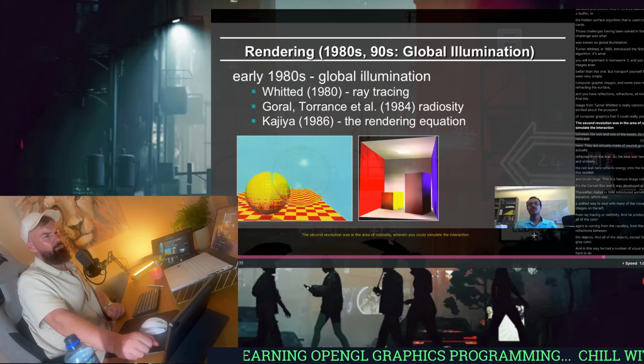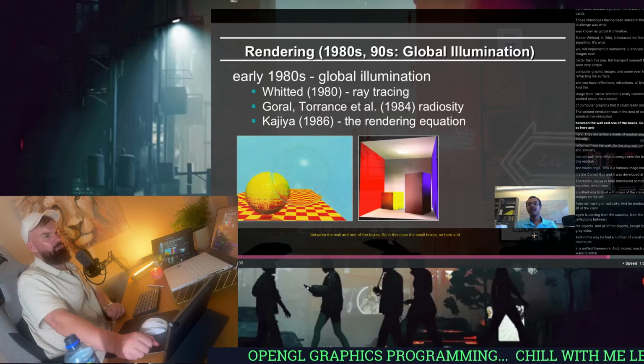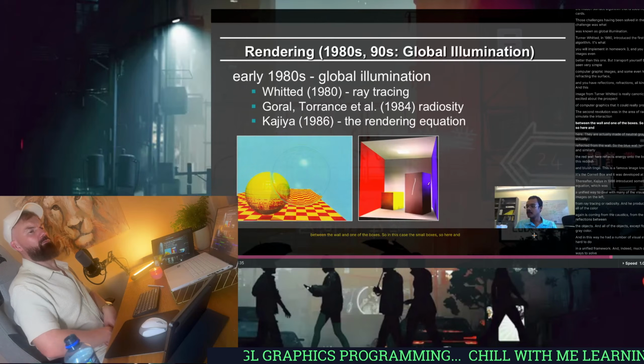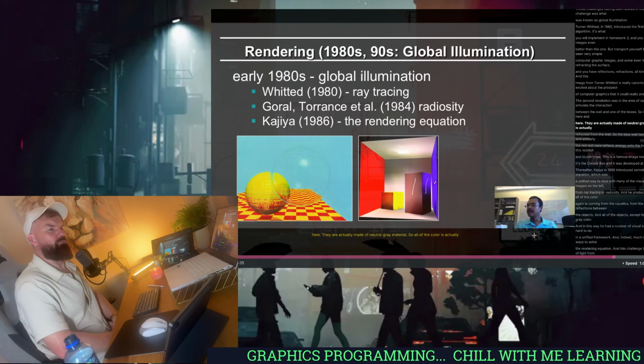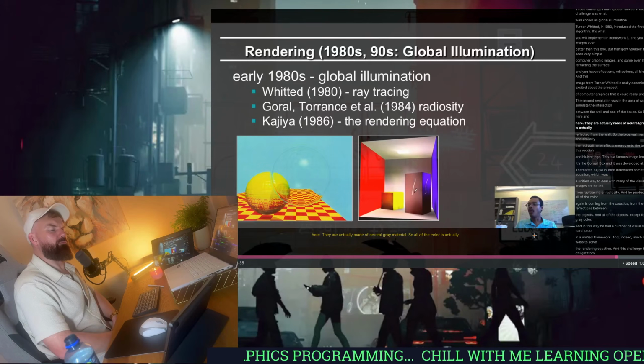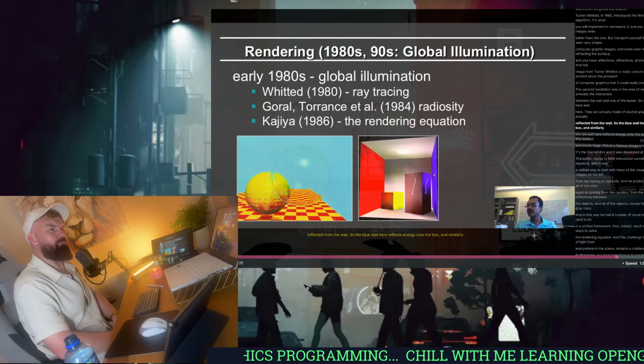A second revolution was in the area of radiosity, wherein you could simulate the interaction between the wall and one of the boxes. So in this case, the small boxes, so here and here, they are actually made of neutral gray material. So all of the color is actually reflected from the wall.